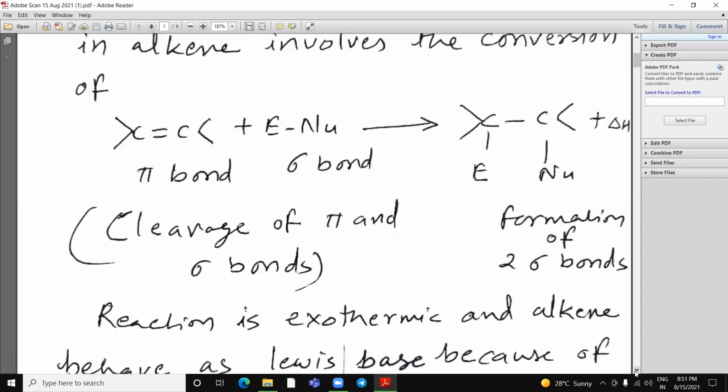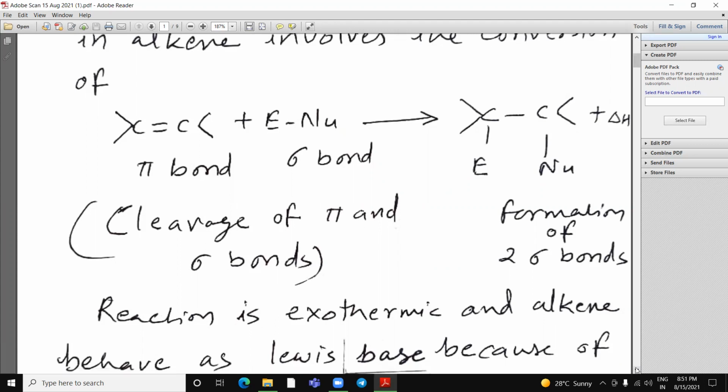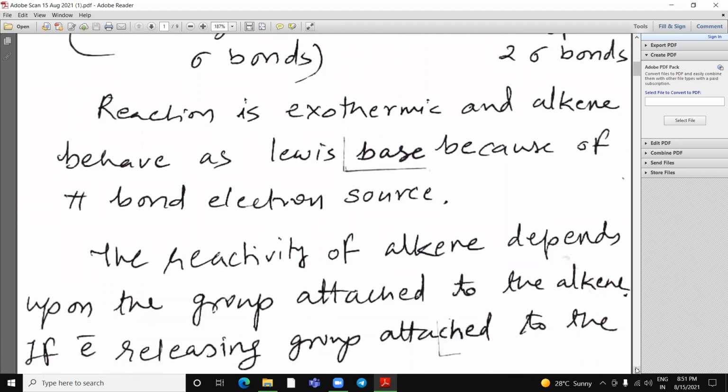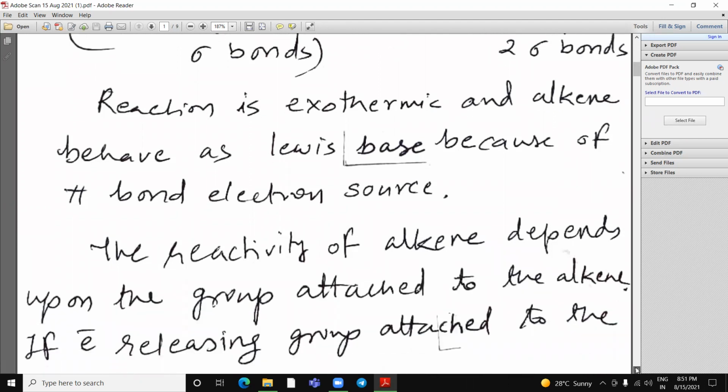Here, cleavage of pi and sigma bonds occur and we will get formation of two new sigma bonds. This reaction is exothermic and alkene behave as Lewis base because of pi bond electron source.